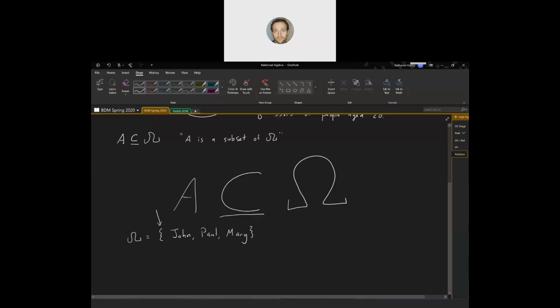These squiggly brackets are a way of denoting a set. So this set has 3 elements. And these lines mean the size.